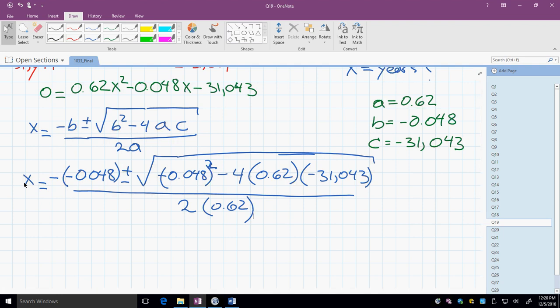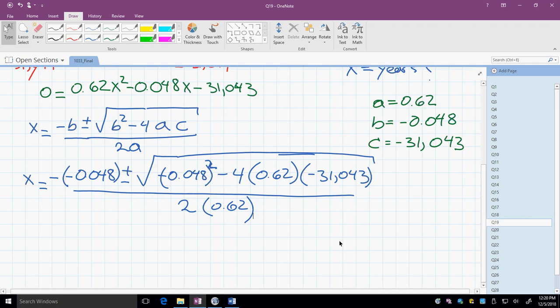If we put it in the calculator, you can open parentheses, negative 0.048, close parenthesis, raised to the second power, minus 4, open parenthesis, 0.62, close parenthesis, open parenthesis again for the last one, negative 31,043, close parenthesis.